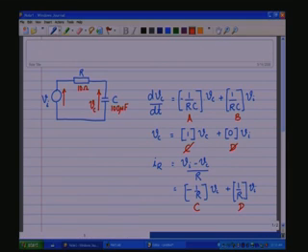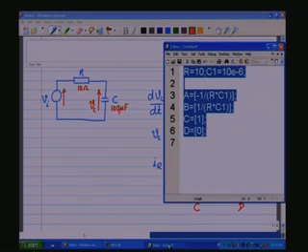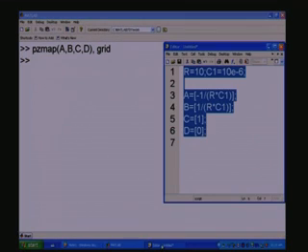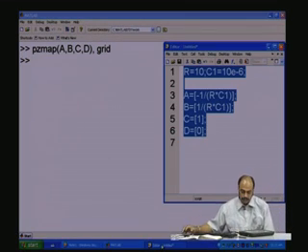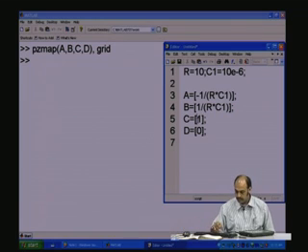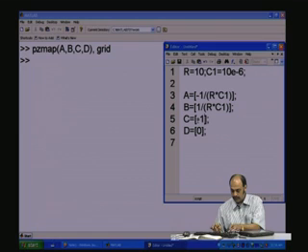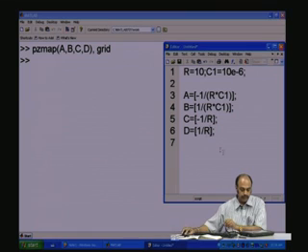Let us just have a look at that before we go on further with the other circuit, with the LC circuit. So, coming here and into MATLAB, C becomes minus 1 by R and D becomes 1 by R, and that is it.